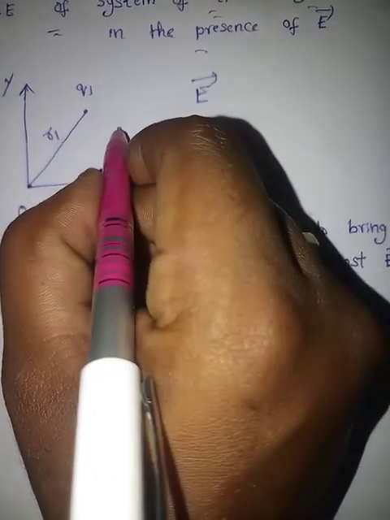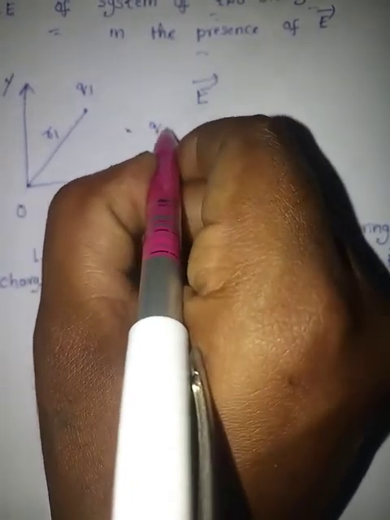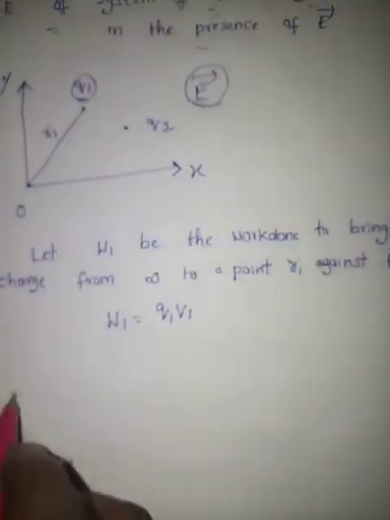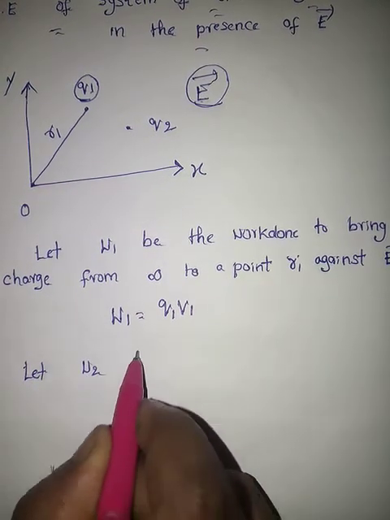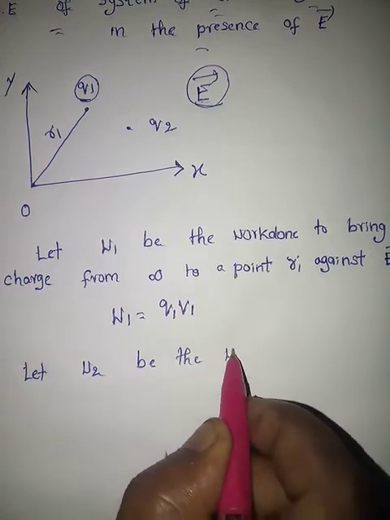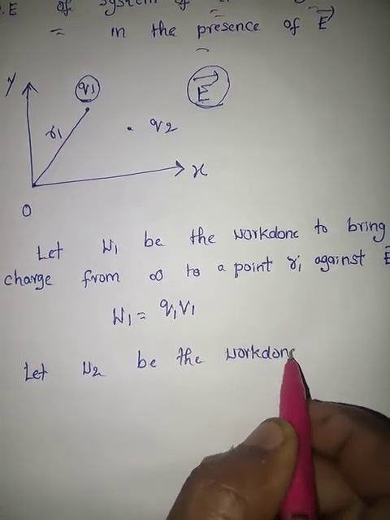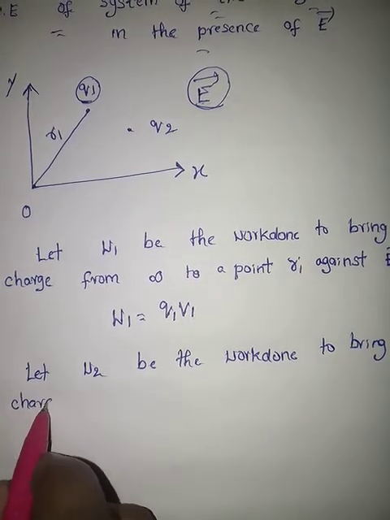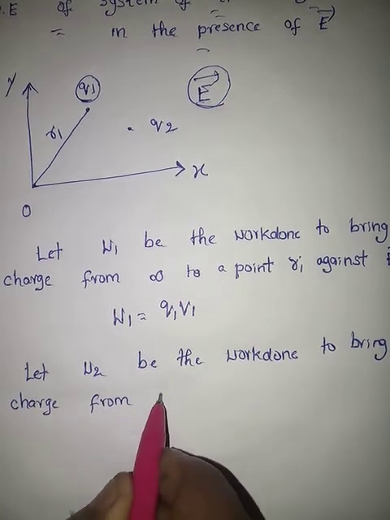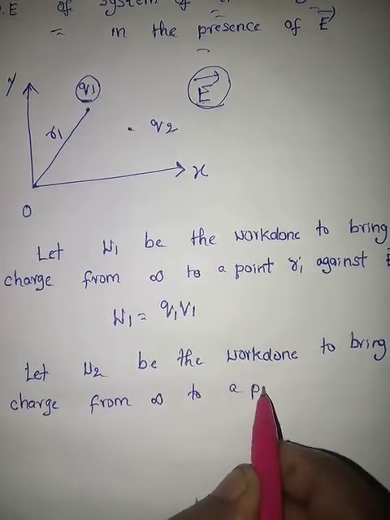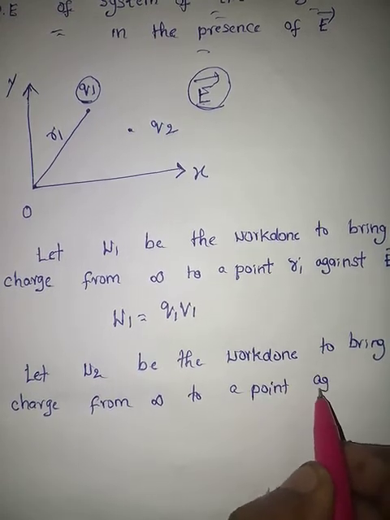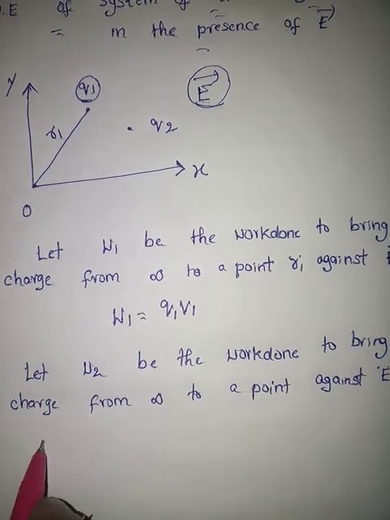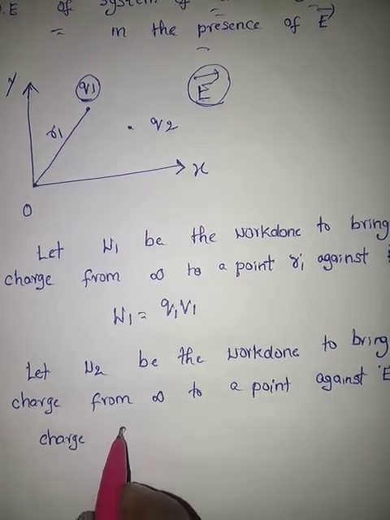Next I want to bring one more charge Q2. So I have to do work against this external field and the electric field produced by Q1, right? So let W2 be the work done to bring the charge from infinity to a point against the electric field and charge Q1.